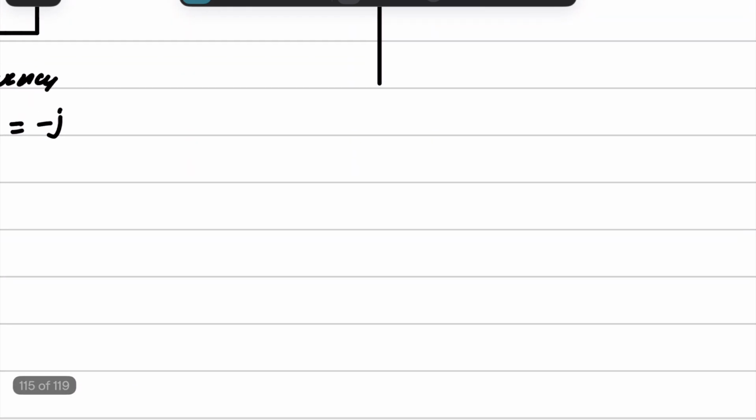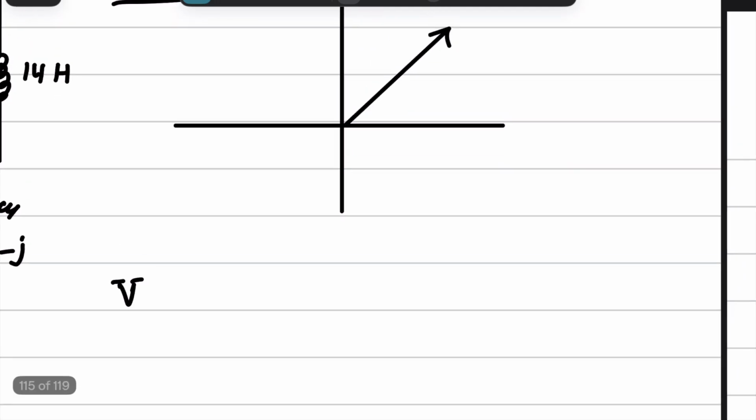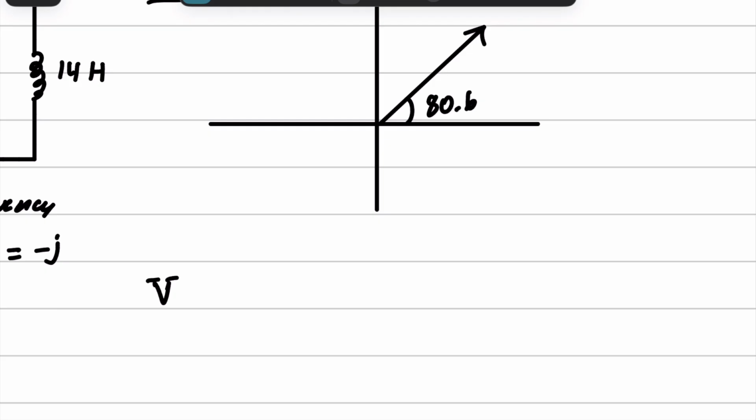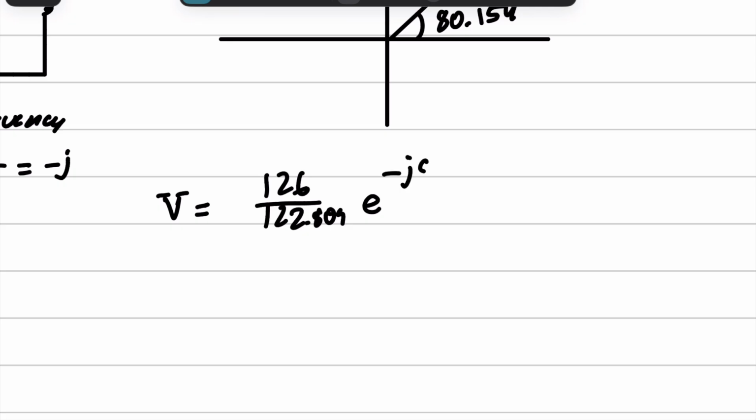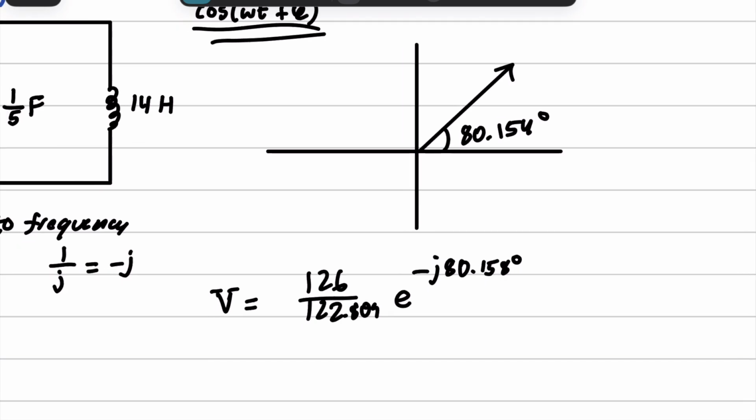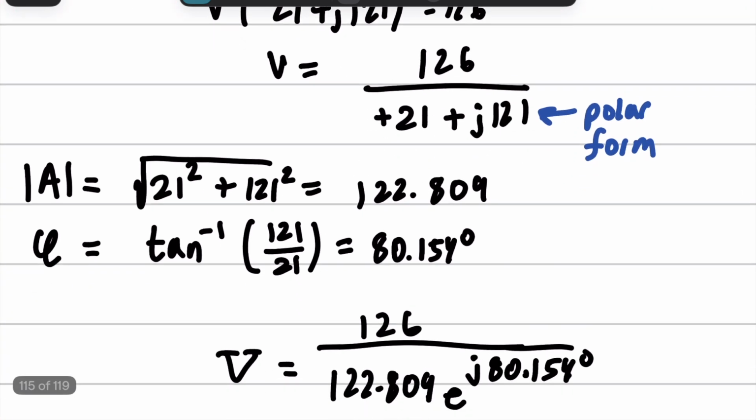So v is equal to 126 over 122.809, and we can move our exponent out of the bottom and just put a negative sign there: negative 80.154 degrees.